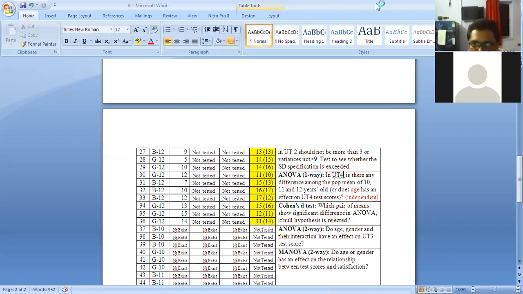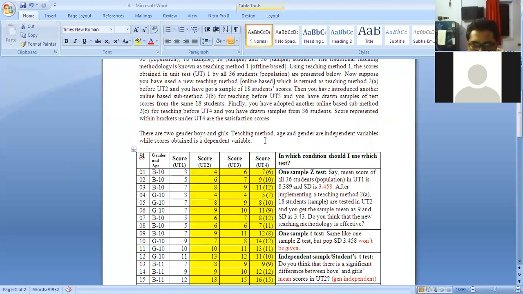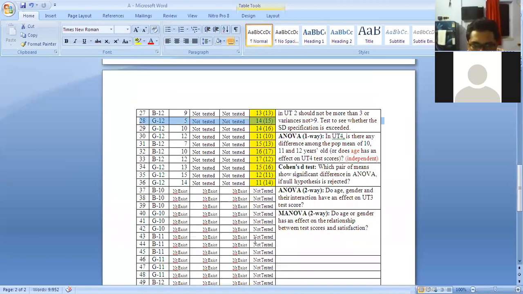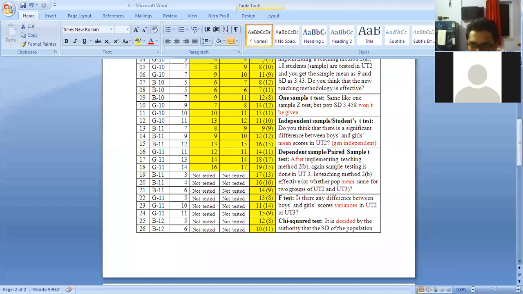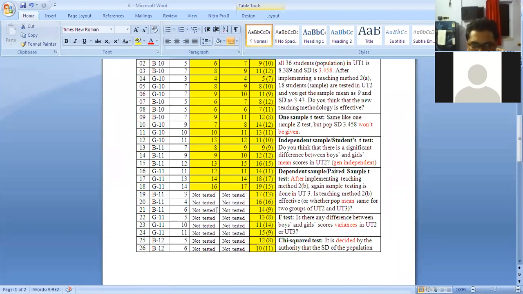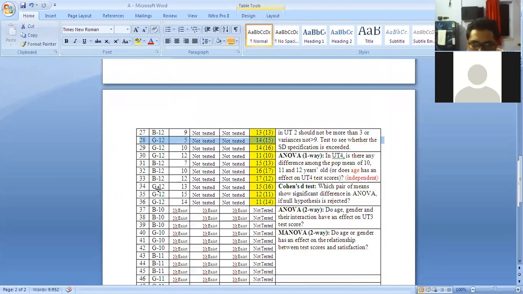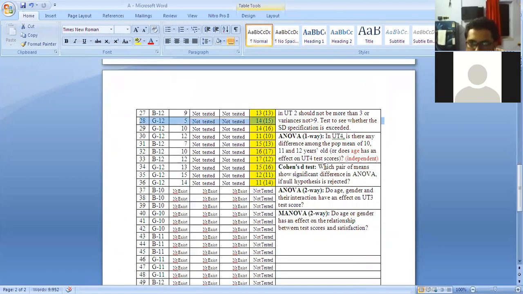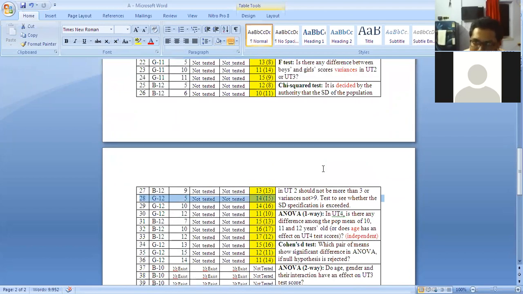In one-way ANOVA, suppose you can see that in unit test 4, you have a sample size of 36. Okay, there are some students from 10 years old, there are some students from 11 years old, there are some students from 12 years old. So you would like to test whether the mean of the 10 years old and the 11 years old and the 12 years old, whether the means are different.